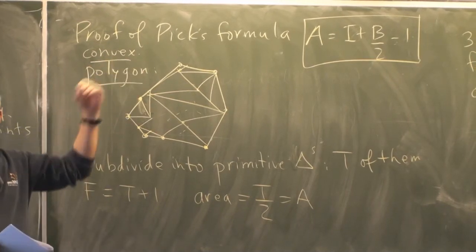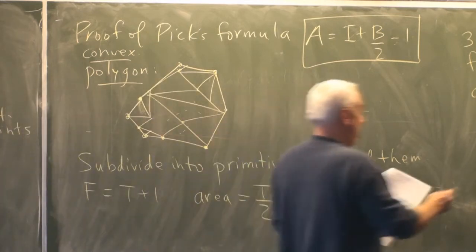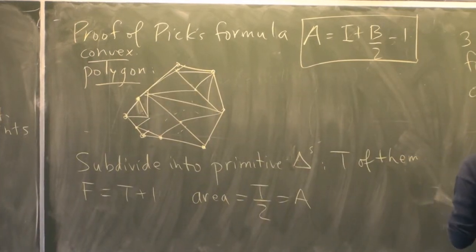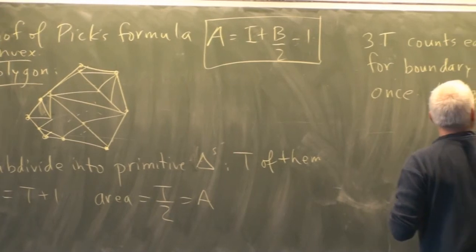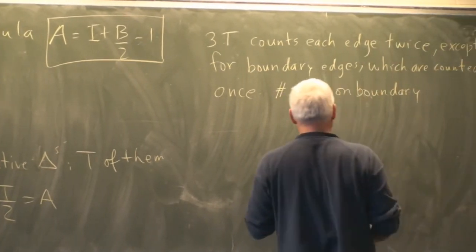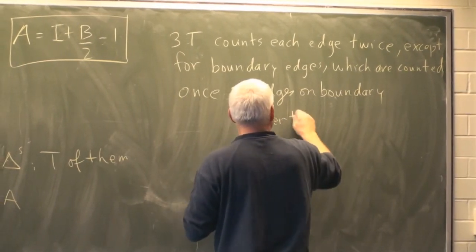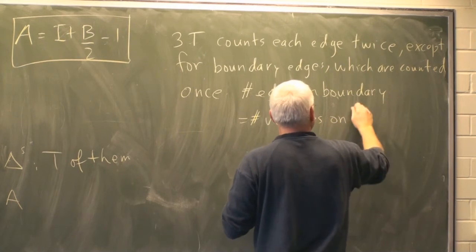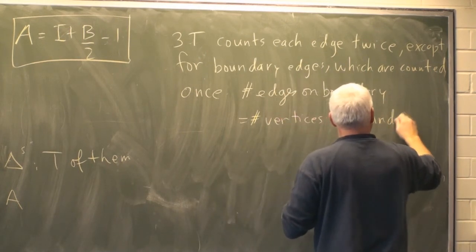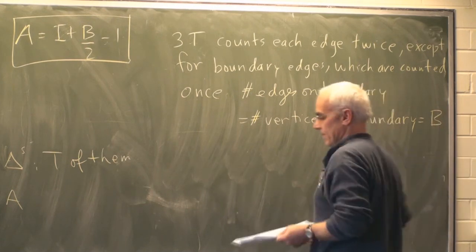The number of vertices on the boundary is B. So the number of edges on the boundary equals the number of vertices on the boundary, that's equal to B.